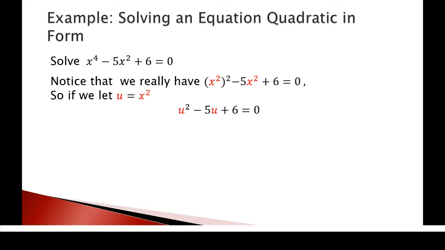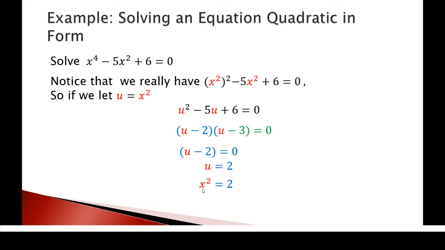Then we need to solve this quadratic equation. You know how to get the solution of a quadratic equation. First you need to factorize this, then make each factor equal to 0 and solve for u. If you consider the first factor, u minus 2, and make it equal to 0, then you will have u is equal to 2.